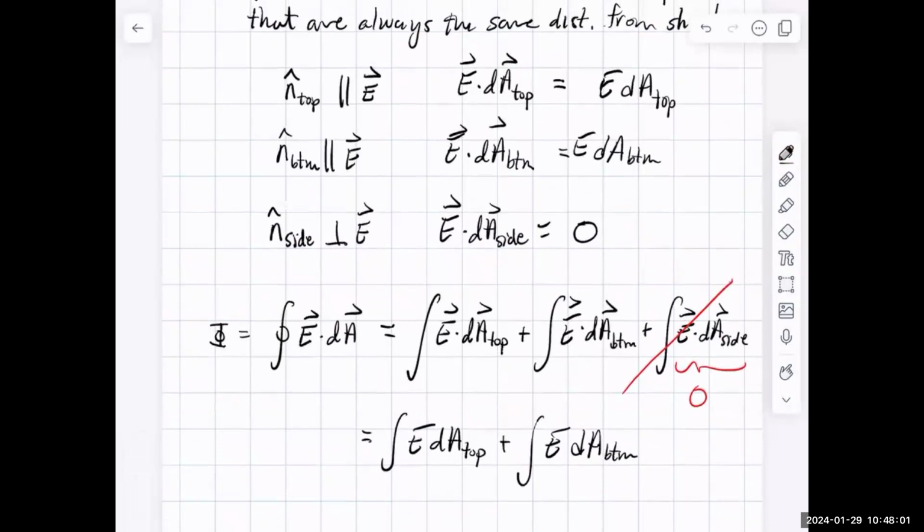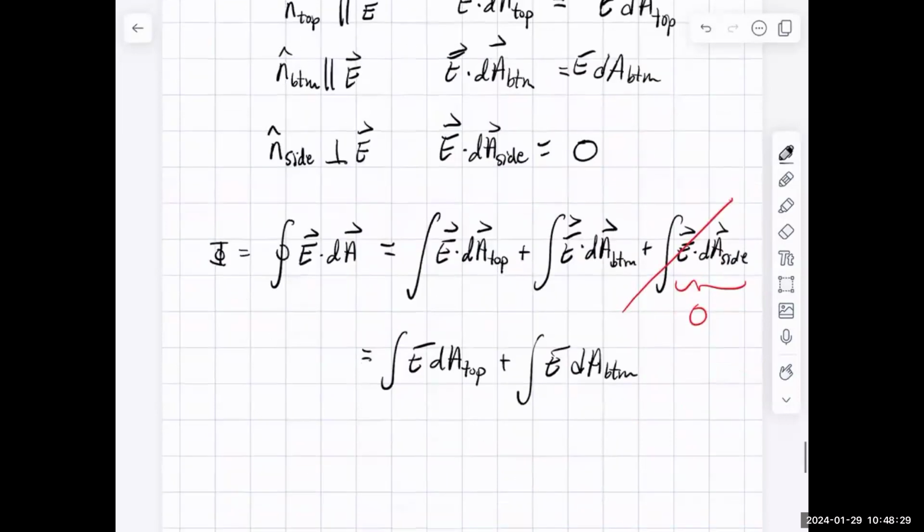Now, we chose our top and bottom surfaces to be flat so that everywhere on the top is the same distance from our charged surface. If we're always the same distance from that source of charge, we would expect the electric field to be the same everywhere at that top surface, and the same goes for the bottom surface.